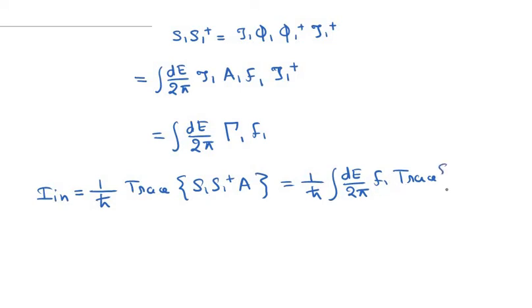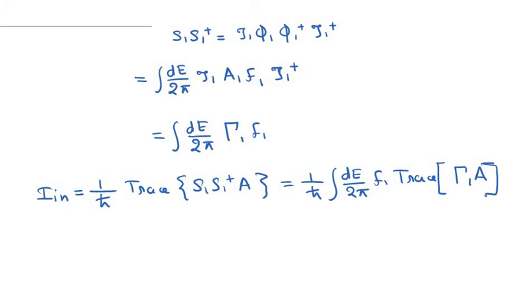So trace of gamma 1 A, with brackets here. So this is basically the inflow.